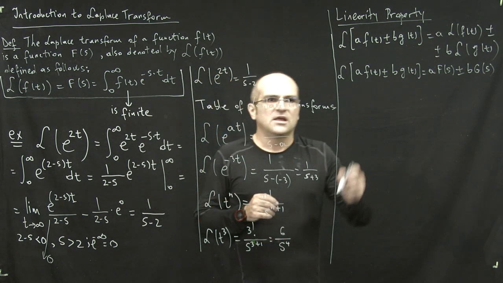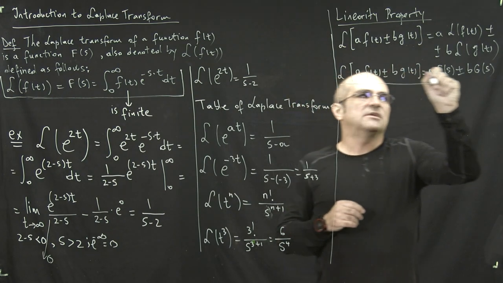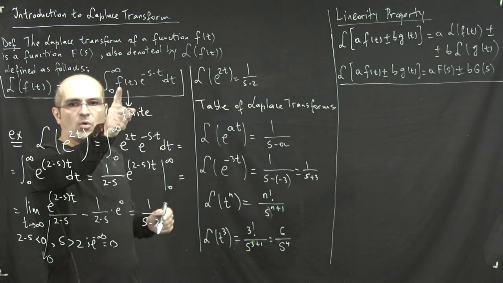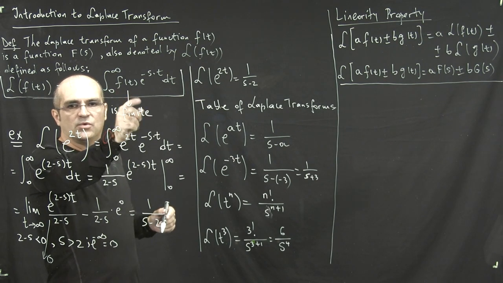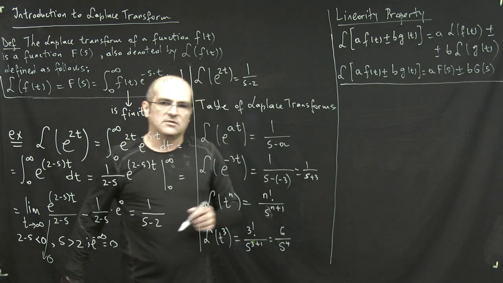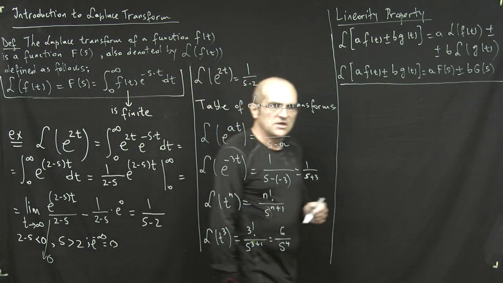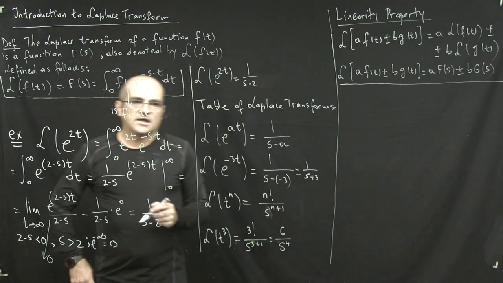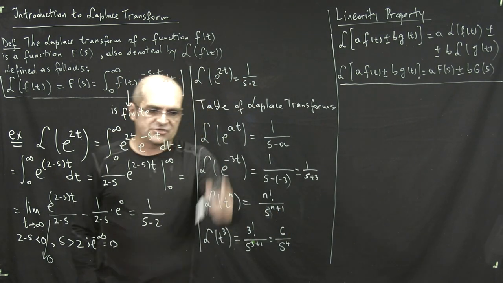This should not be a surprise, because if you remember the definition, if I throw in a linear combination, we know the integral can be distributed over a sum or a difference of functions. That allows me to take the Laplace transform of combinations of these functions.